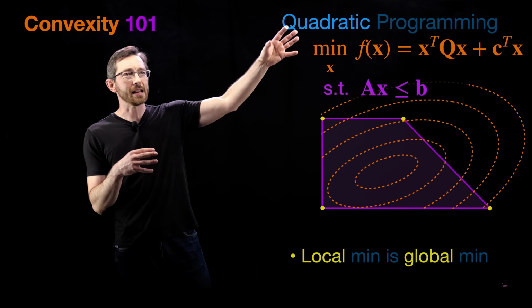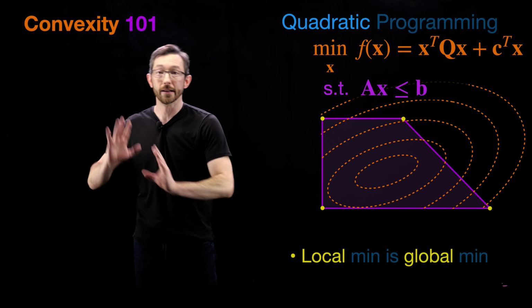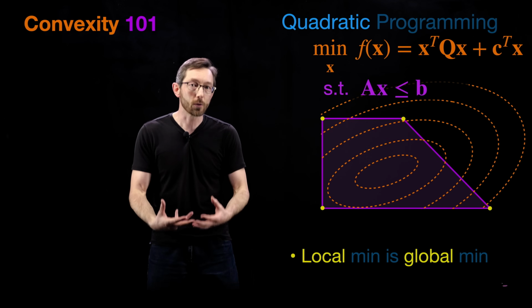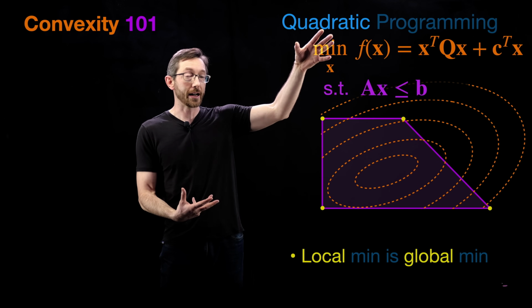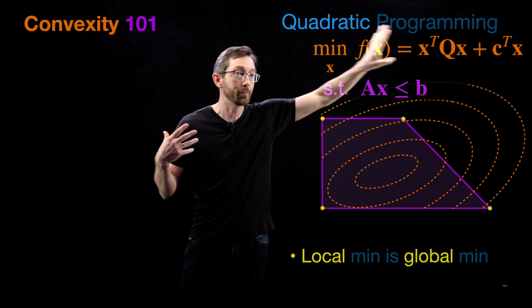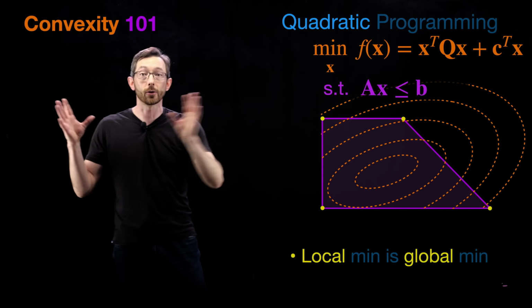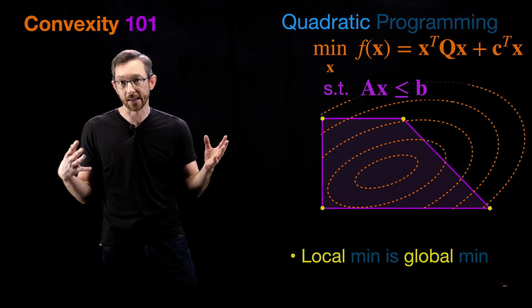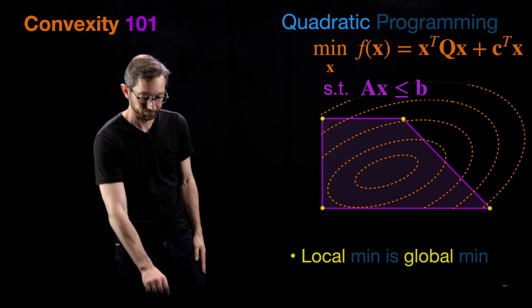The biggest example of a quadratic program is the least squares regression family of problems. Least squares problems are quadratic programs, and they have closed form analytic solutions. You can compute this gradient by hand and solve for when it equals 0 in the least squares case, and that's one of the big success stories of convex optimization.